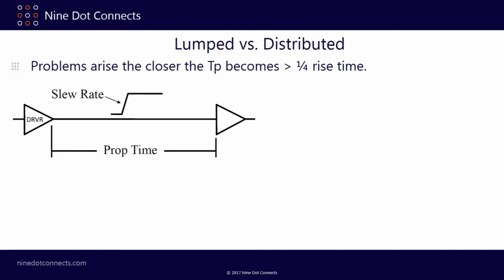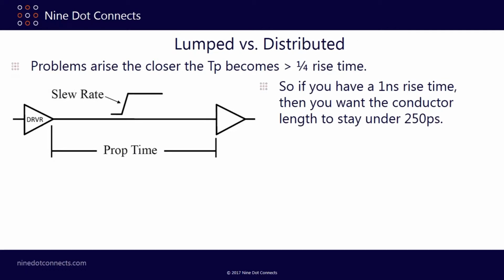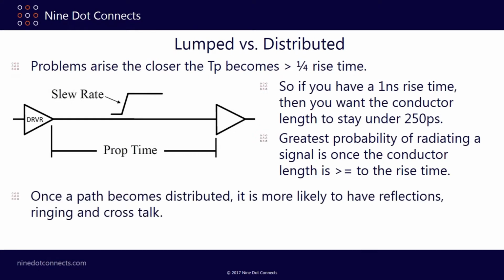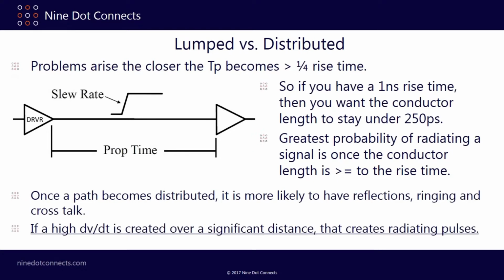That's where this comes from. So if you have a 1 nanosecond rise time, then you want the conductor length to stay under 250 picoseconds. Your greatest probability of radiating a signal is once that conductor length gets above that rise time. Once a path becomes distributed, it is more likely to have reflections, ringing, and crosstalk.